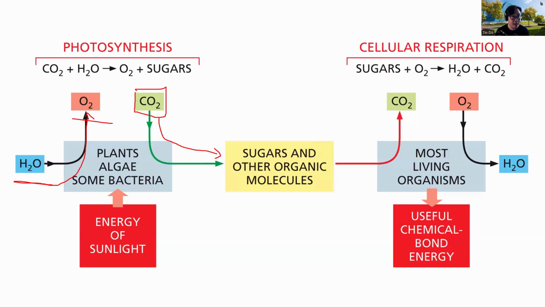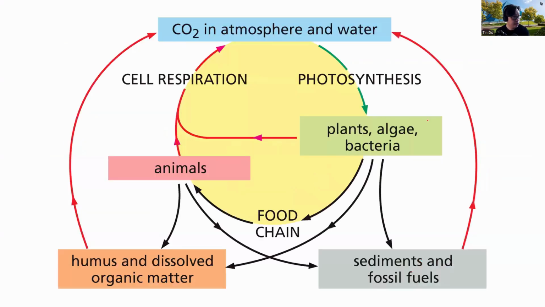Photosynthesis is an anabolic process. Cellular respiration is a catabolic process because we are breaking down sugar into its base material. Okay. And this is just a depiction of extra complexity in the whole cycle of carbon dioxide, sunlight, energy, oxygen, etc. Okay.